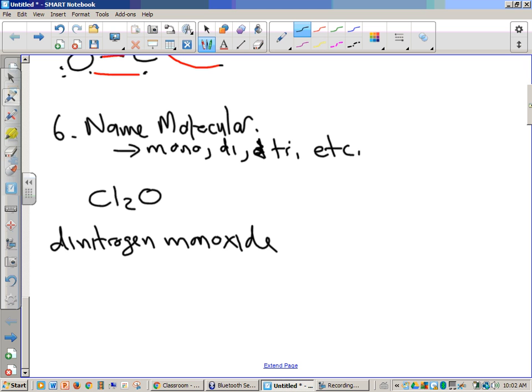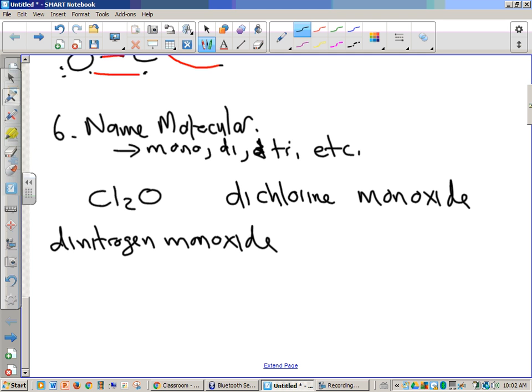So what do we need on the front? Dichlorine. But I've got 1, so I need something monoxide. The only time you don't use mono is if it's 1 on the front end. Dichlorine monoxide.